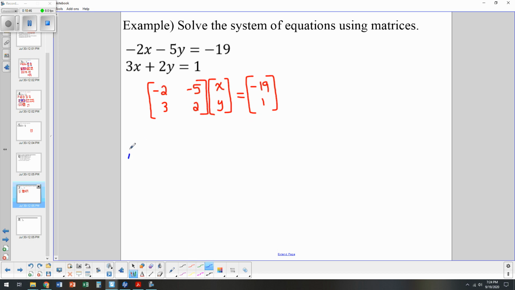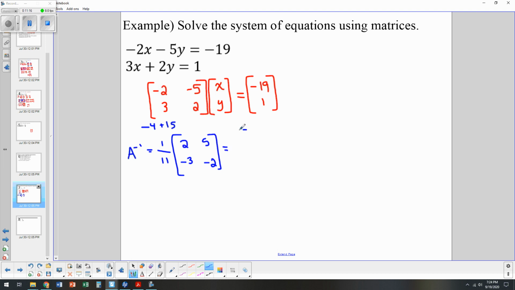So we're going to start by finding the inverse. So that's negative 4 minus negative 15, so plus 15, so that's 11. Switch spots. Positive 2 up here now, negative 2 down here now. Change signs. Negative 3 there, positive 5 there.